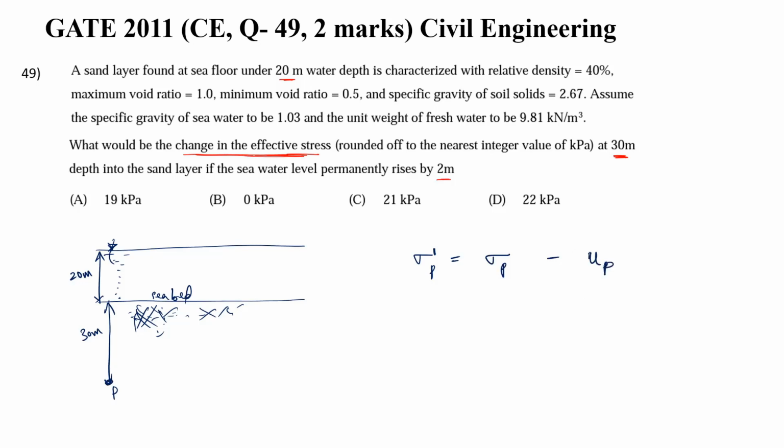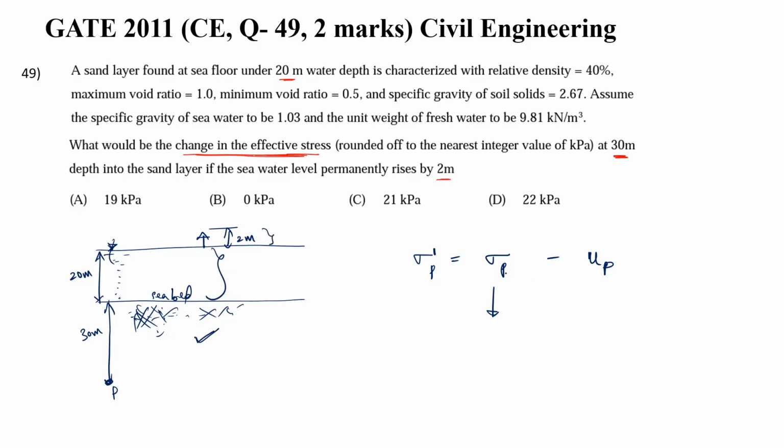Okay. Now, whenever you are increasing by 2 meter permanently, so it is increased. If the increase happens, what will be the change in the effective stress? Due to that increment, how much total stress will increase? The water up to this level is intact.